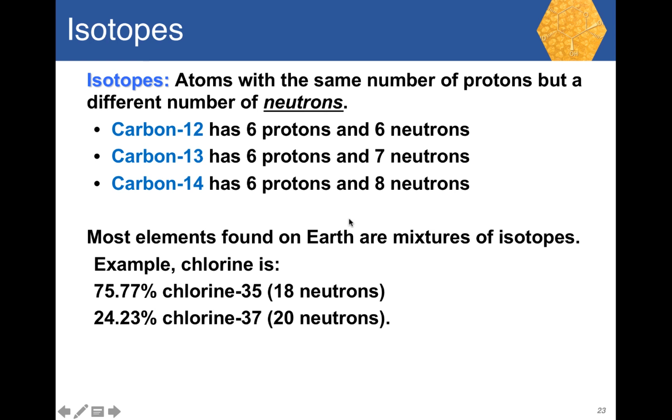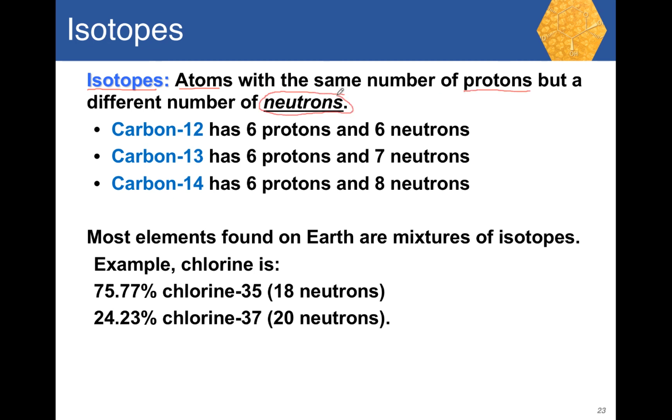Isotopes. Let's look at another new term for us. Isotopes are atoms with the same number of protons but a different number of neutrons.